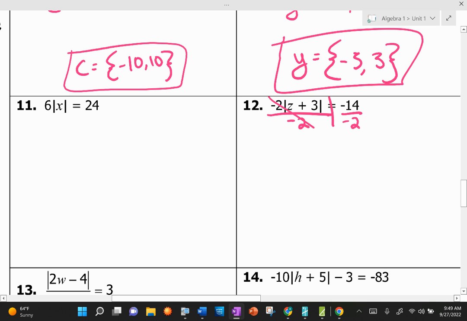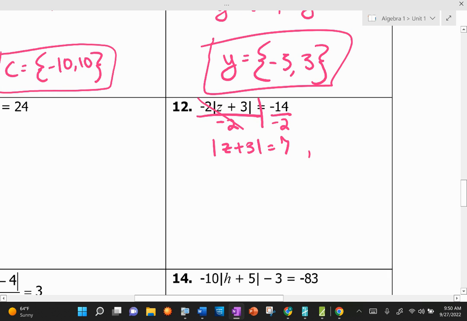The -2's will cancel out, giving us absolute value of z plus 3 equals 7. Now what can we do? Now we can write our opposite equation also. So we have z plus 3 equals 7, z plus 3 equals -7. And then we can finish solving from there.